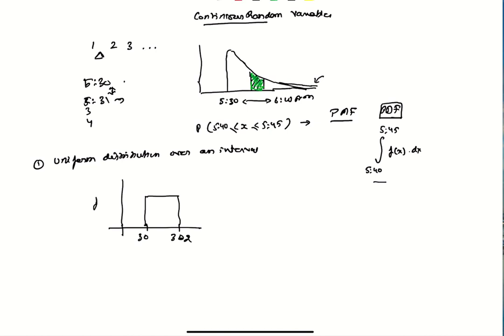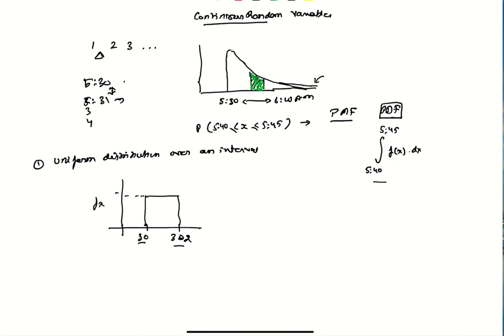So the f(x) is the same for the different values. There's no preference for that, so the probability function of this needs to be flat. But how should we assign the height of this function?